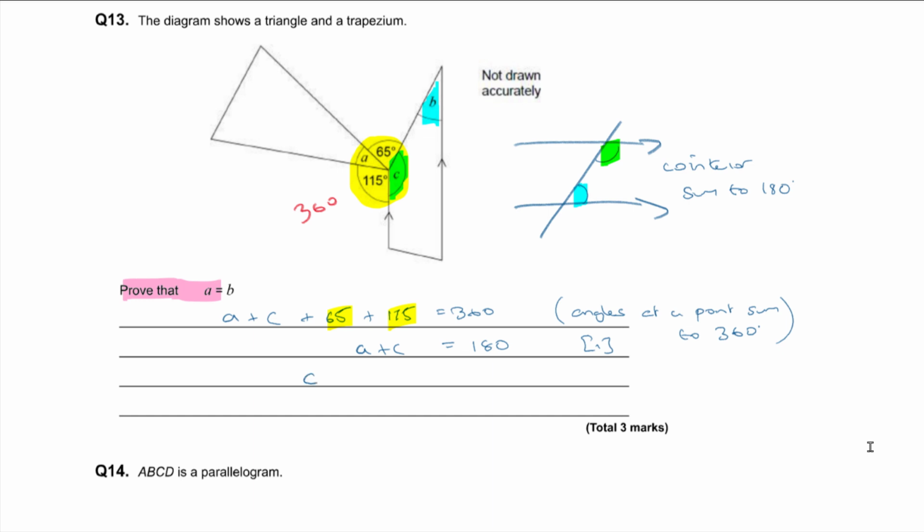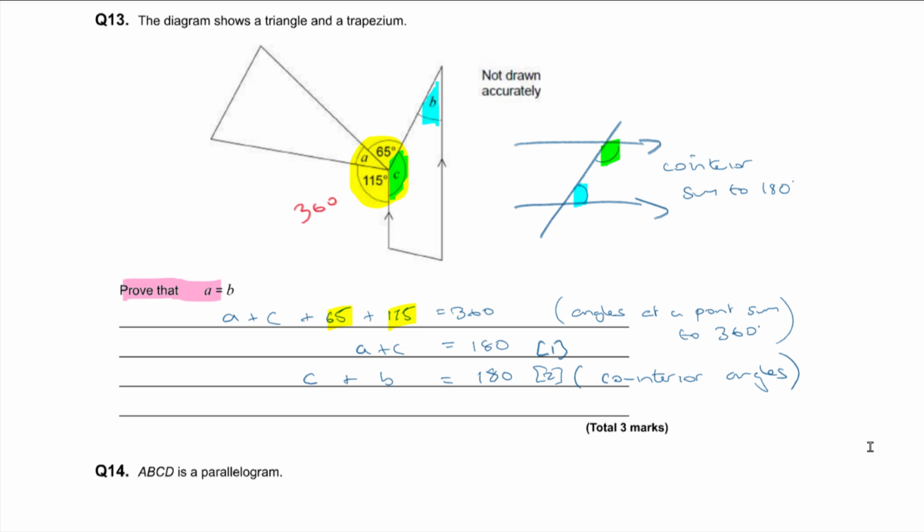And I can say that C plus B is equal to 180, because we've got co-interior angles. So I've got two equations. Let's call that equation 2. I'll budge that along, looks a bit neater. So I've got equation 1 and equation 2.